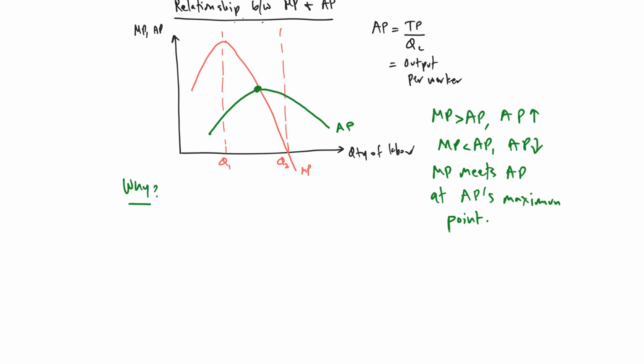So what happens here is the average is going down because you did worse than the average. When MP is below AP, it makes AP go down. So before MP meets AP, AP was rising and MP was making AP rise. After MP meets AP, AP is falling. So that's why MP must be meeting AP at AP's maximum point.